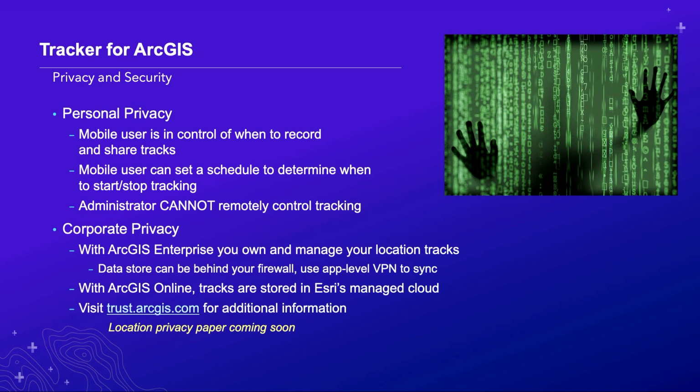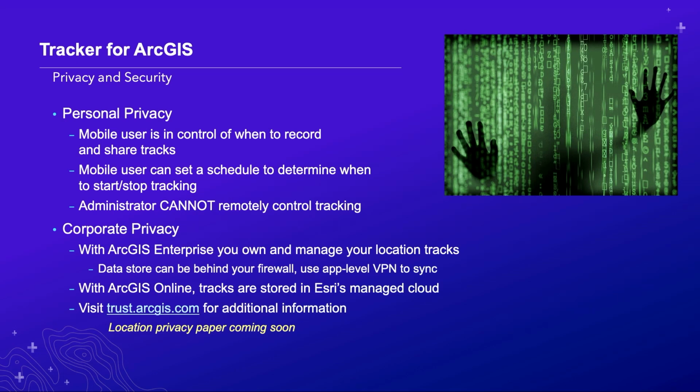With ArcGIS Online, I'd encourage you to look at the trust.arcgis.com site. Ultimately, you're using Esri's SaaS environment, and the ownership of the tracks falls on us. But read the trust site and understand what that means from your perspective and your organization's perspective.